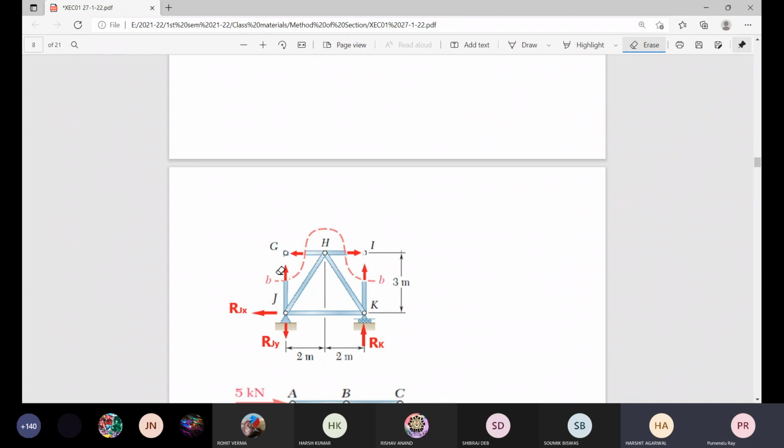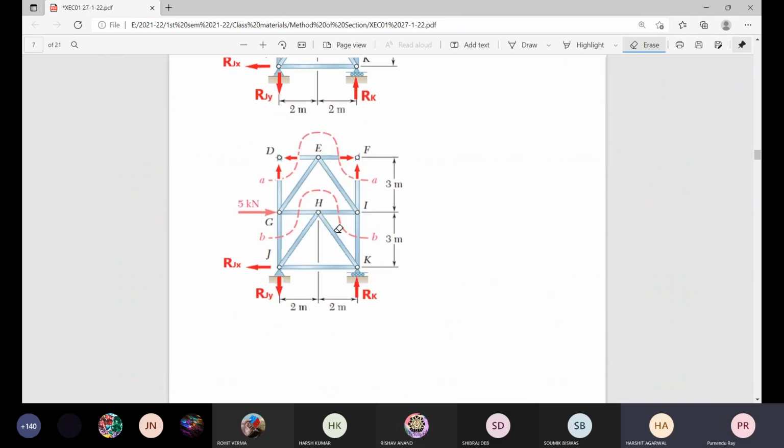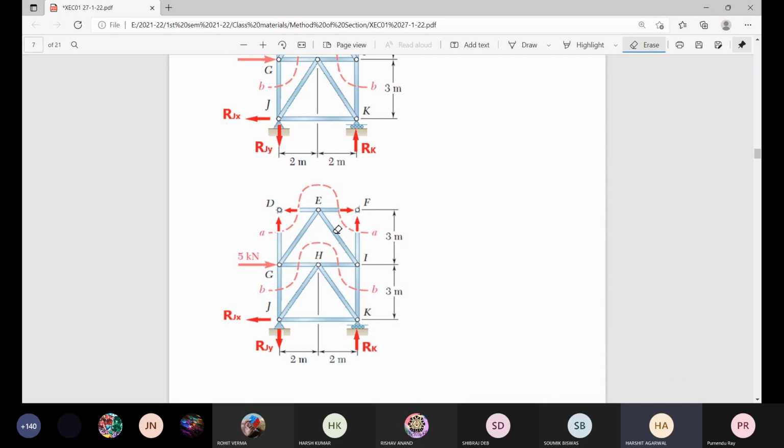But one thing, you did not make any protest for that mistake I made. When we consider sigma Fy is equal to 0, these two are known, this is unknown. But what about these two? Yes, sir, you need to include that.